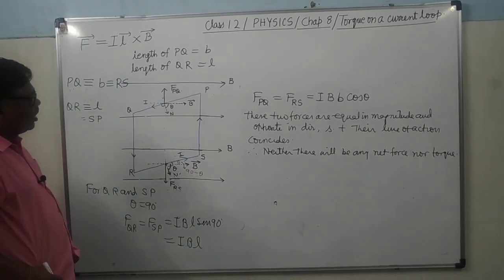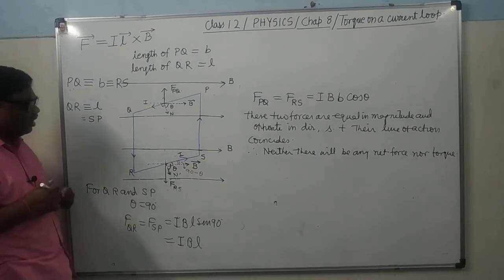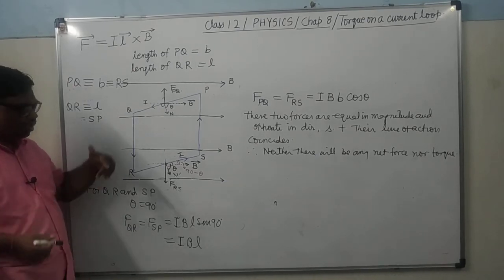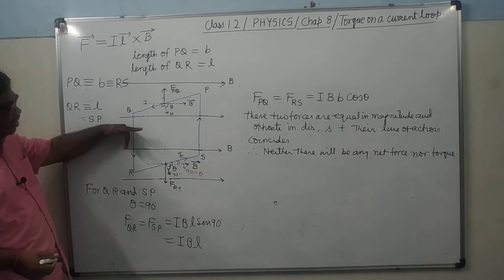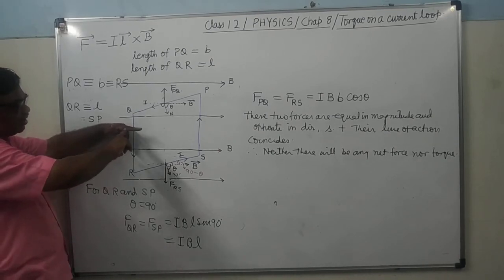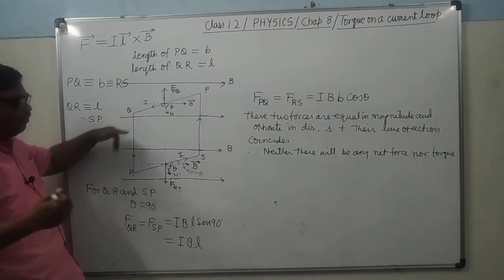What will be the direction of this force? By applying Fleming's left hand rule, this is the direction of current, this is the magnetic field, so this will be the force.